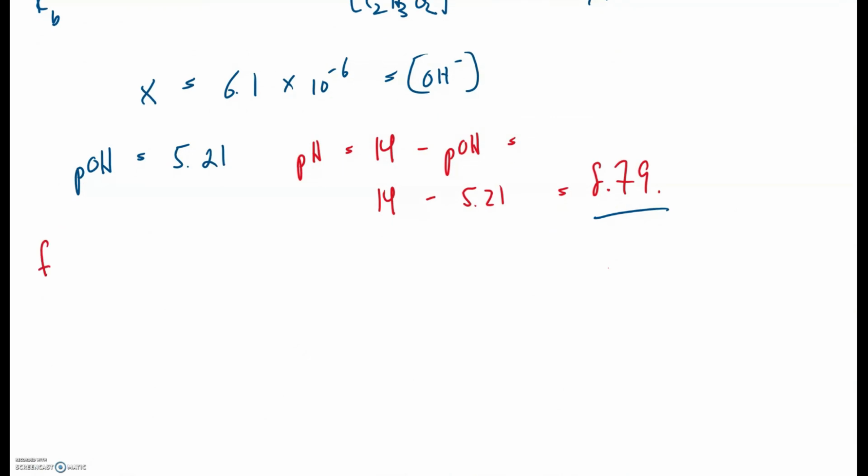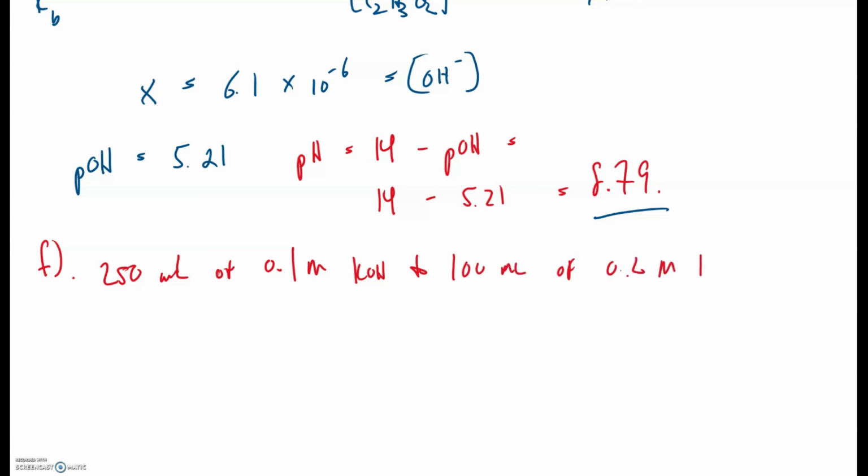Now we're at step F, where we're adding 250 milliliters of our 0.1 molar potassium hydroxide to our 100 milliliters of 0.2 molar acetic acid.